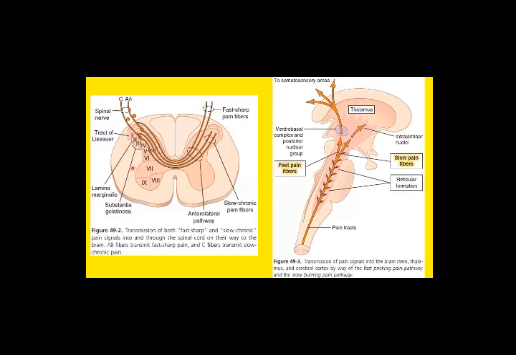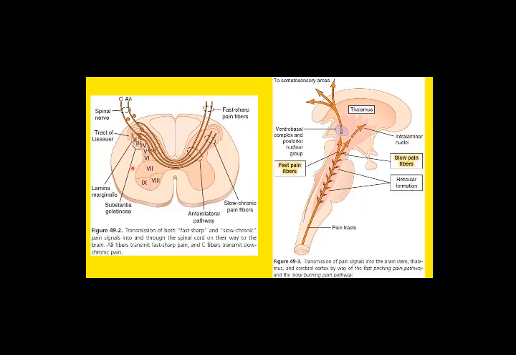The collective term is anterolateral. So if we focus on the lateral spinothalamic tract, it carries the sense of both temperature as well as pain. So pain pathways are a component of the lateral spinothalamic ascending pathway.